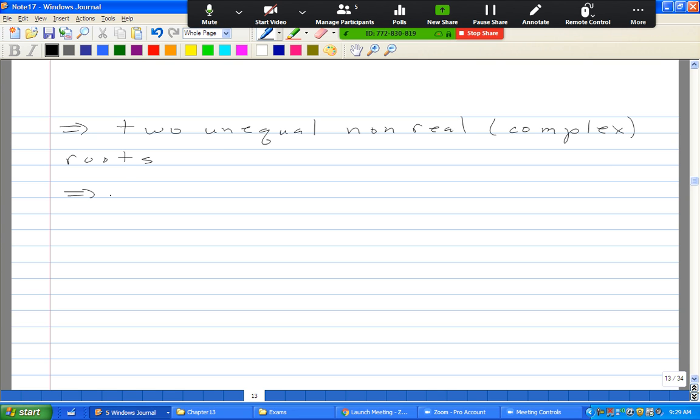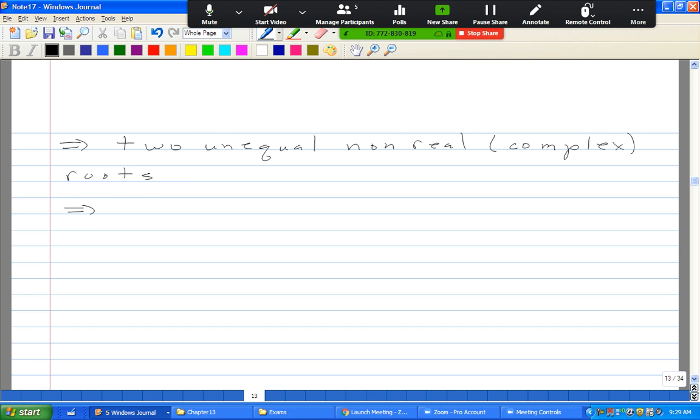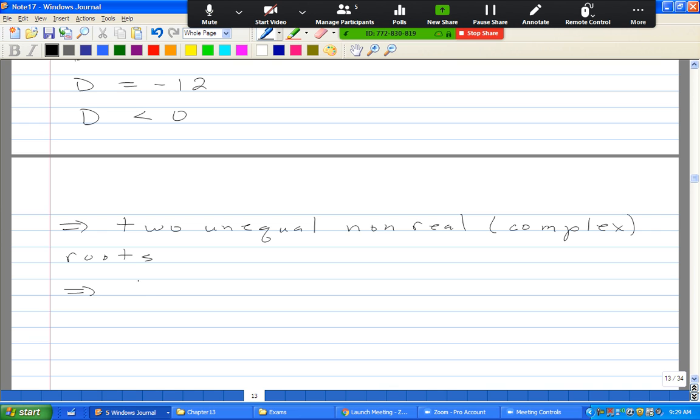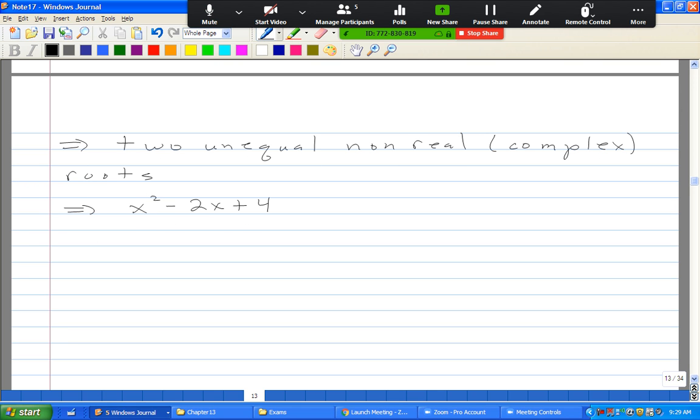And so this means that x squared minus 2x plus 4 is irreducible over the rationals.